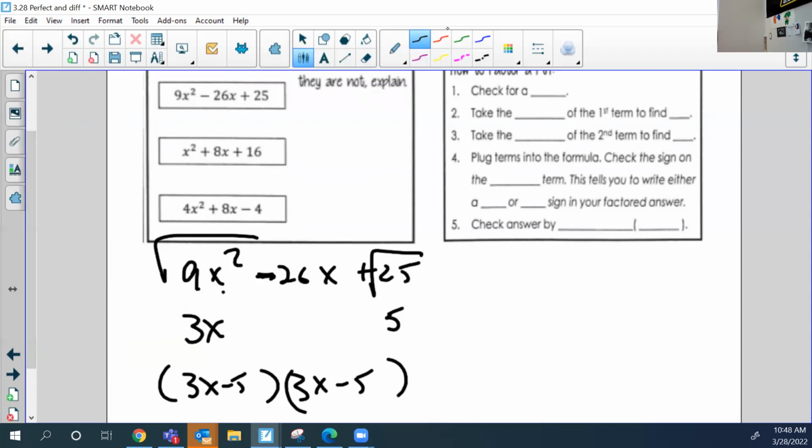Negative 5 times 3x, I multiply the inside terms. That's negative 15x. And if I do the outside terms, 3x and negative 5 is negative 15x. When I add these two, it gives me what? Negative 30x. No, it doesn't match. So this is not.